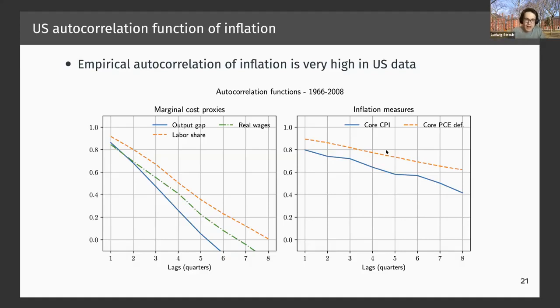And so what we're going to do now is take these menu cost models and feed in a marginal cost process that matches the marginal cost autocorrelations on the left, and then see how close we get to matching the inflation persistence on the right.